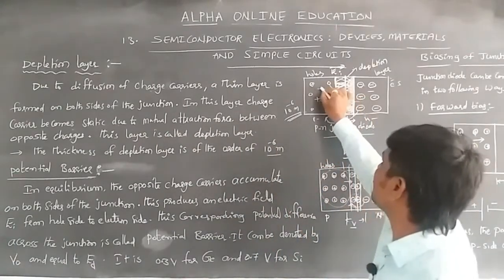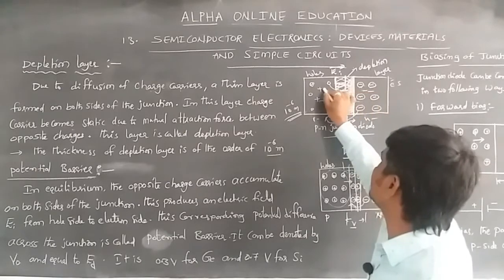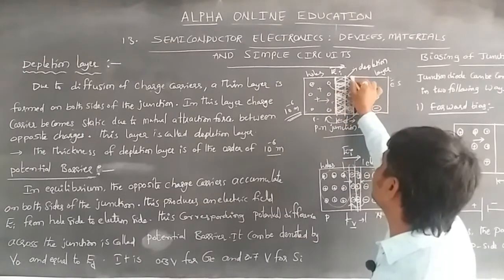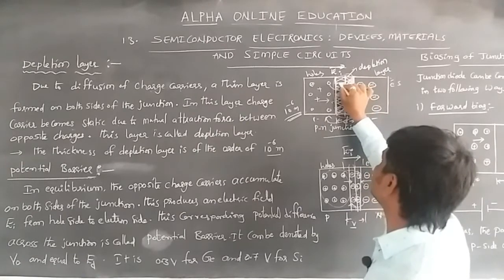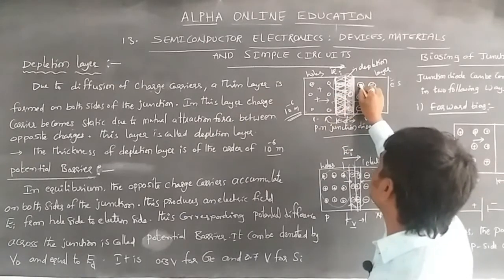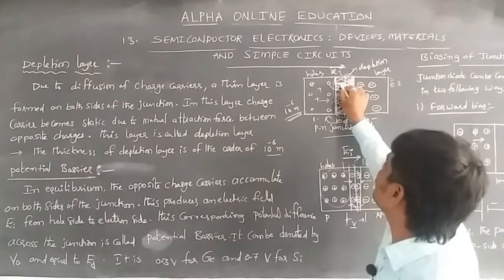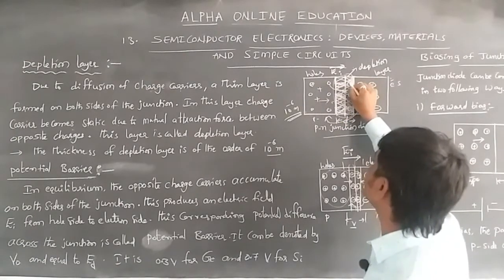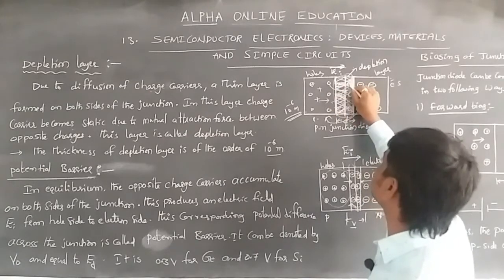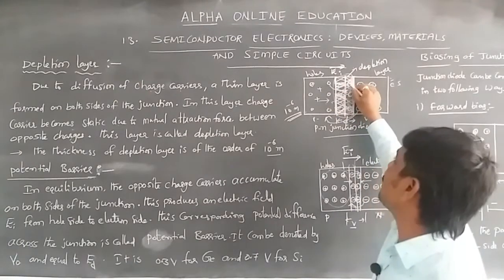Here, this is the positive charge, this is the negative charge. Whenever they move to this side and that side, in the depletion layer the negative charges are not allowed to pass through, and the positive charge carriers, means holes, do not pass across; the layer opposes them. So the electron and hole pairs are in a static condition.